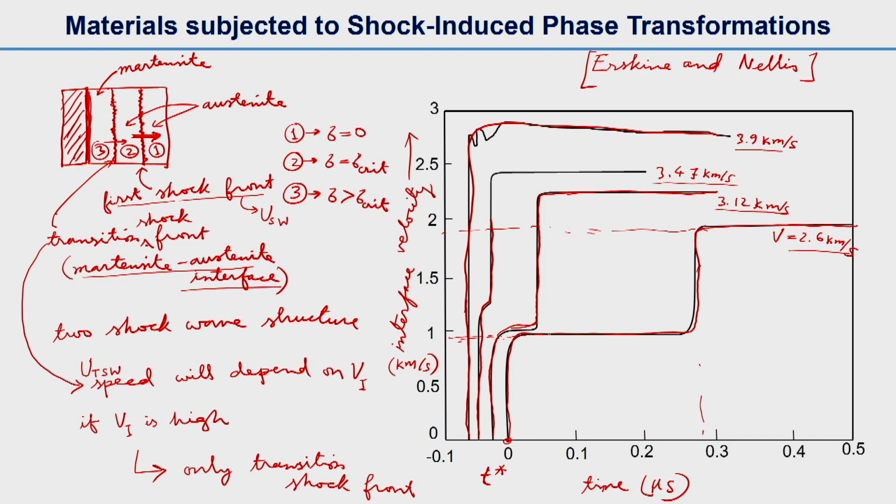Now what is happening: these changes of velocity, which we can see very prominently in the first case, mean it has a two wave structure. But in the case of 3.9 kilometer per second impact velocity, it has a single wave structure.